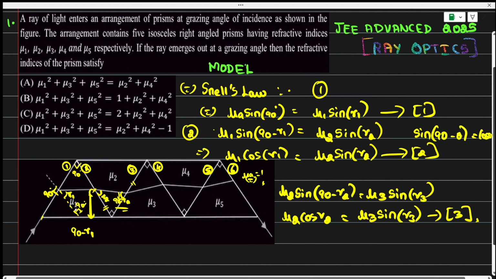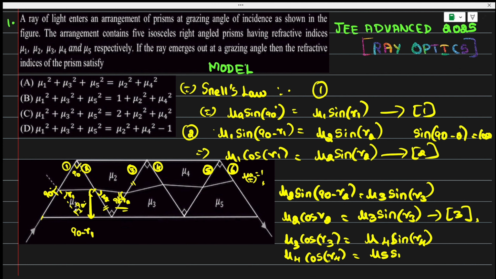Let's apply for planar surface 4: mu3 into cos r3 is equal to mu4 into sine r4, and then mu4 into cos r4 is equal to mu5 into sine r5.